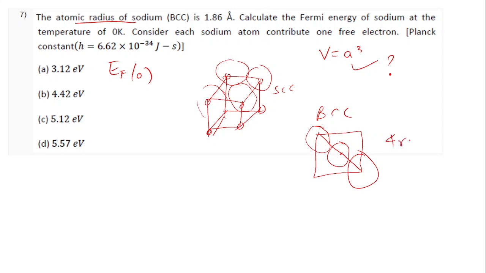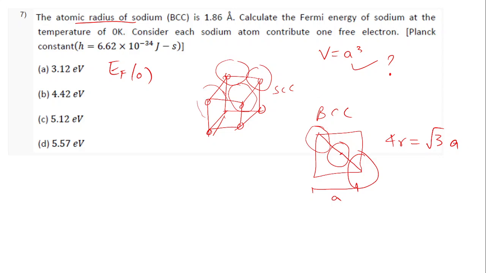That is 4R is equal to the body diagonal. These things actually we emphasize many times, so I don't think I need to repeat it again. But for BCC, we have 4R is equal to the body diagonal, and if this edge is A, then face diagonal is root 2 A and body diagonal is root 3 times A. So this is the relation.